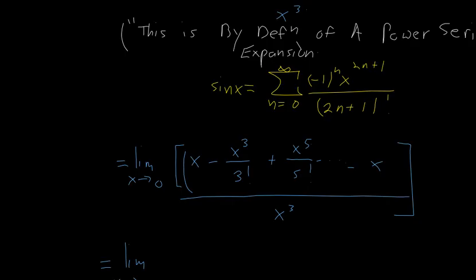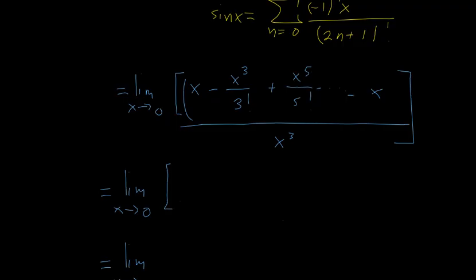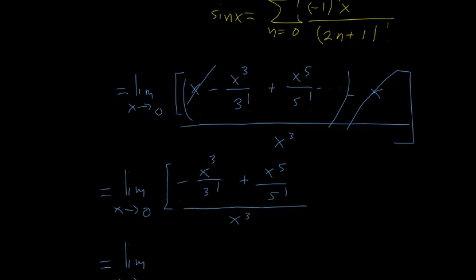So it's specified. Now over here, what you're going to notice is that like terms, the x's, are gone. I'm left with minus x cubed over 3 factorial plus x to the 5 over 5 factorial. This is a minus, by the way, all over that x cubed. Remember, I'm dividing everything by x cubed, be careful.